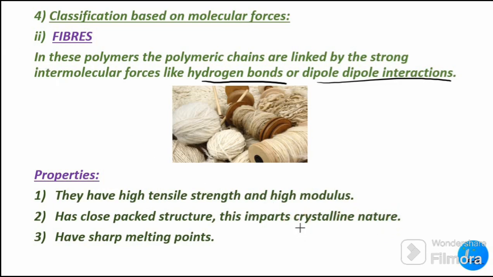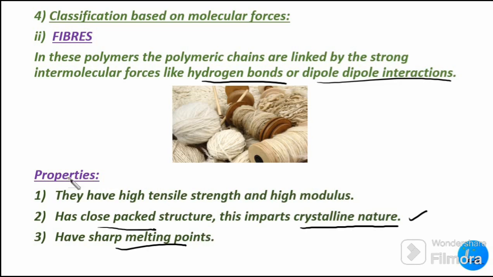Because of this crystalline nature, they have sharp melting points. So all the properties are interrelated. Strong intermolecular forces lead to close packing of polymeric chains, and this imparts the crystalline nature to them. And this is why the fibers have sharp melting points.